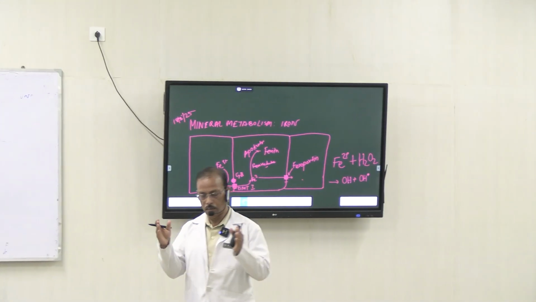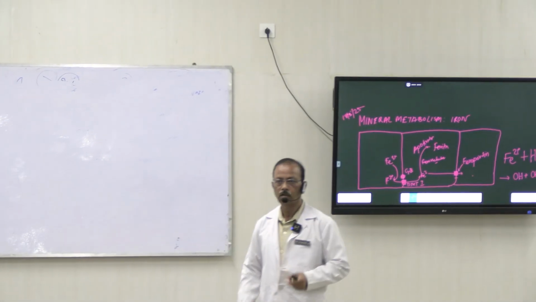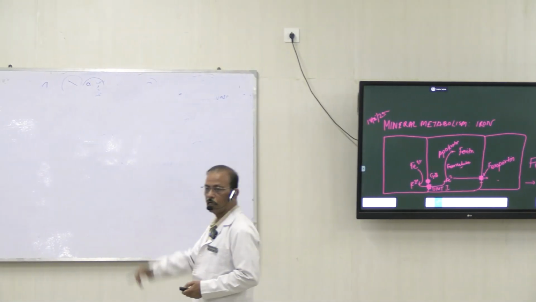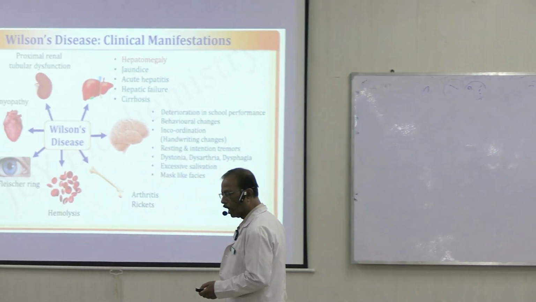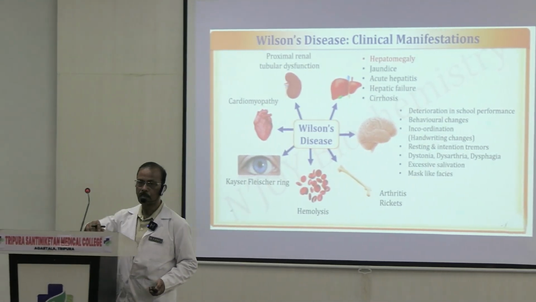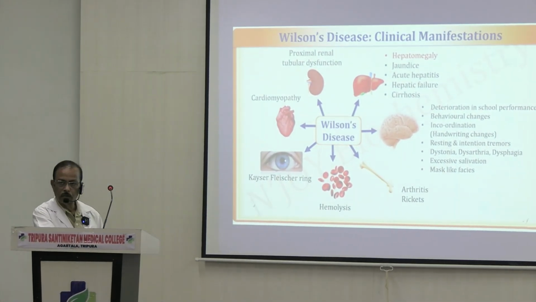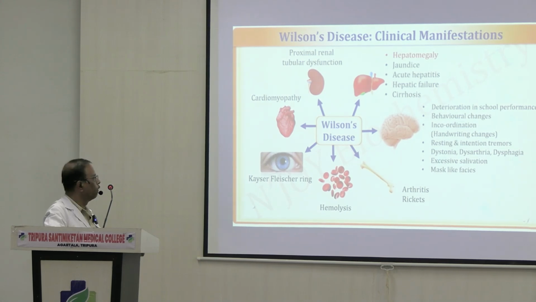In cirrhosis, the liver becomes very small, a sclerotic liver. At the time of first inflammation the liver size will be enlarged, but ultimately it will get cirrhosis, and there will be fibrosis of the liver, and it will become small.